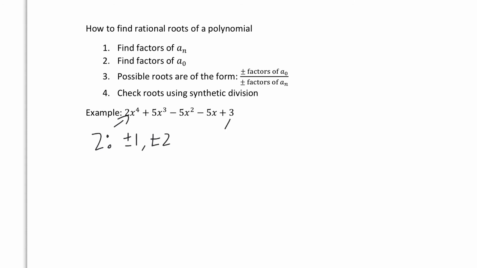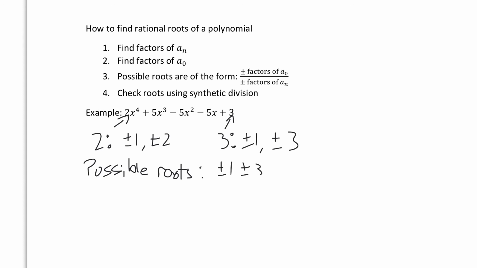The factors of the 3 are going to be plus minus 1 and plus minus 3. So let's go ahead and set that up. The possible roots are, well, I usually write it like this. Plus minus 1, plus minus 3 over plus minus 1, plus minus 2.